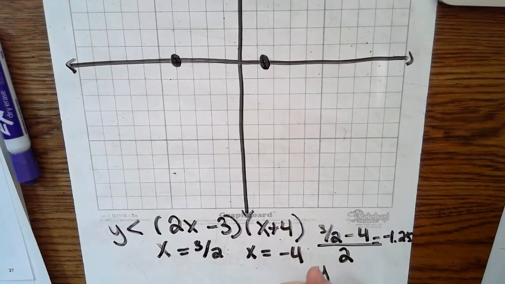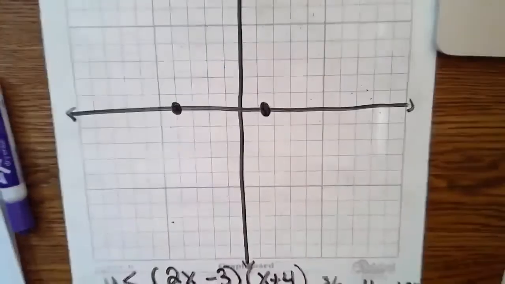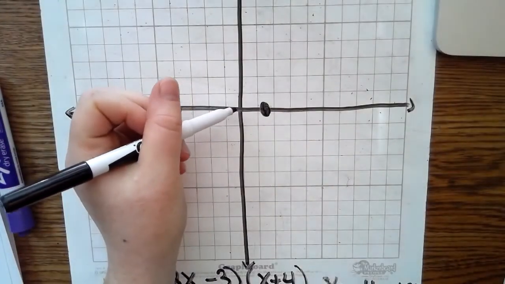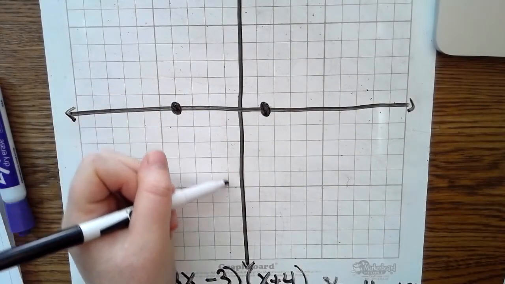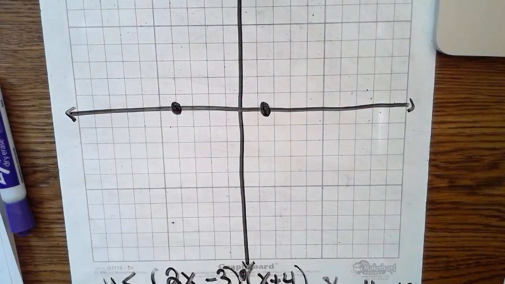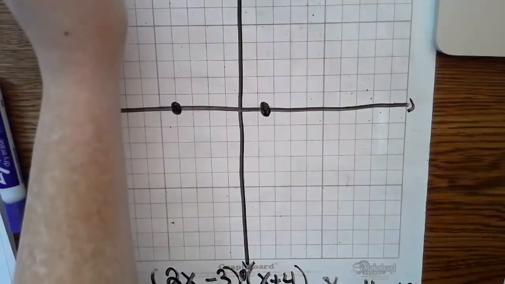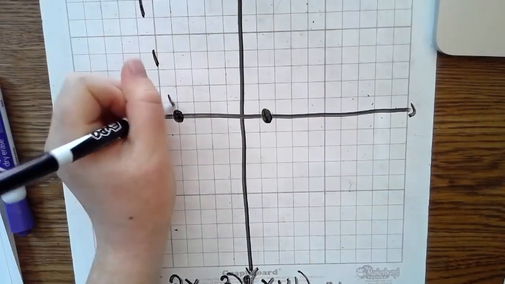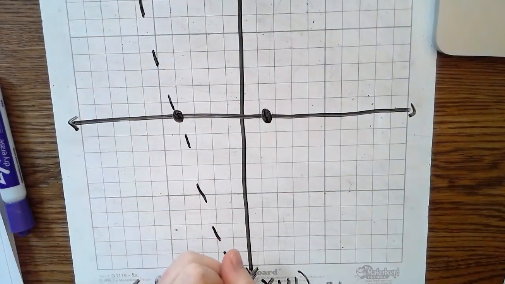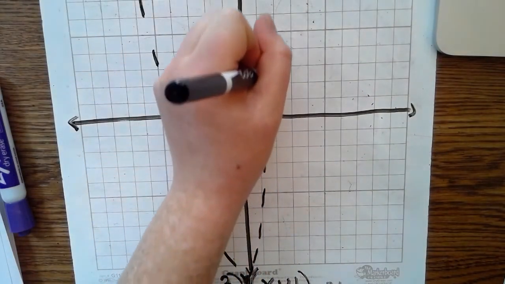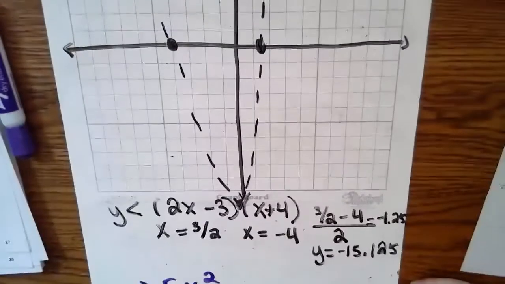And then the y value, when we plug that into the equation, you get negative 15.125. These aren't all going to be pretty, you guys. So x is negative 1.25, so it's like here, and negative 15 will be like all the way down here. And this is dashed. Okay, there's the whole graph.